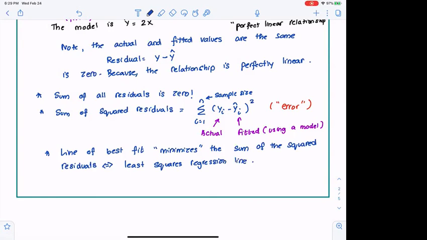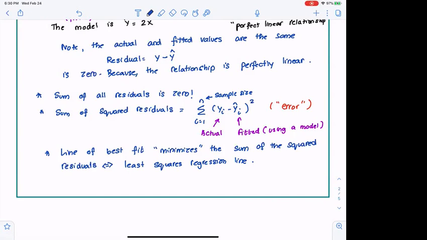So the line of best fit is the one that is going to have the least squared residual values. Hence the name least squares regression, line of best fit, and so on. So our objective is to use the method and come up with a model.